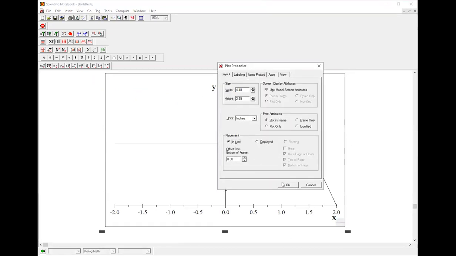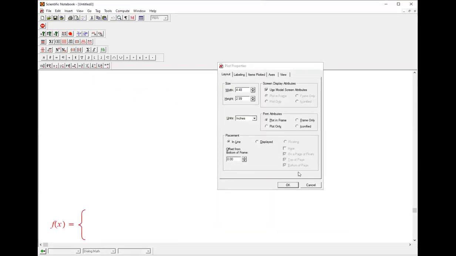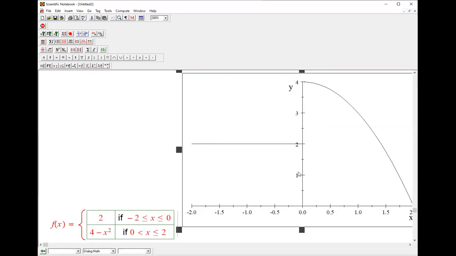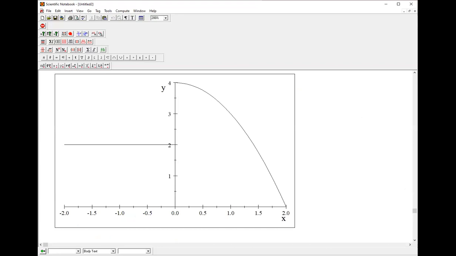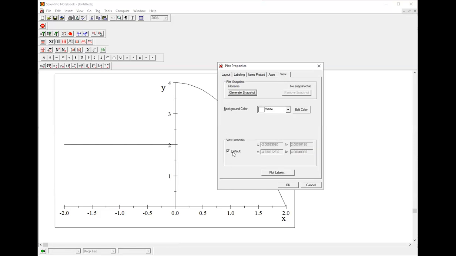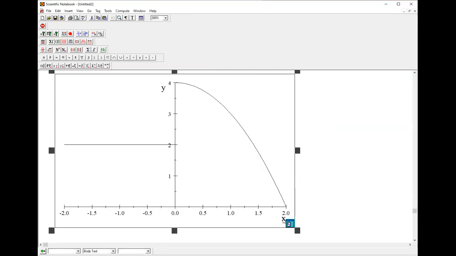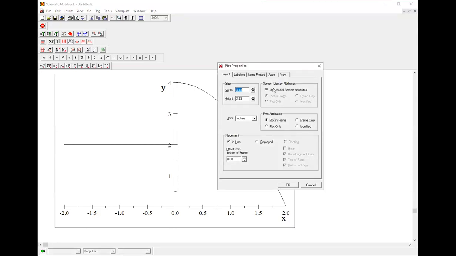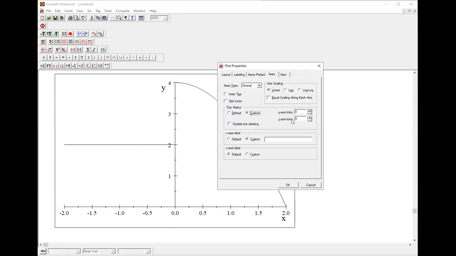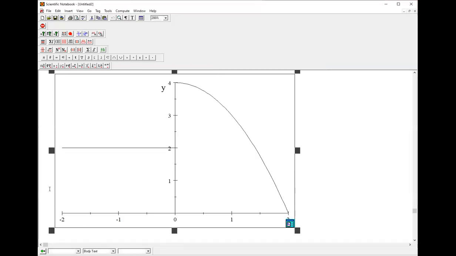So here we got a graph. Let me make some adjustments. It's between -2 and 2, and the numbers on that. So this looks better.